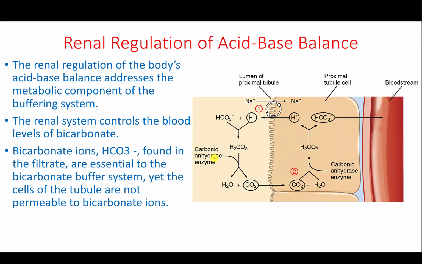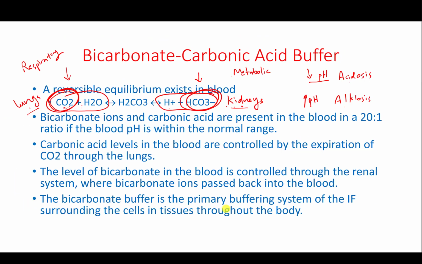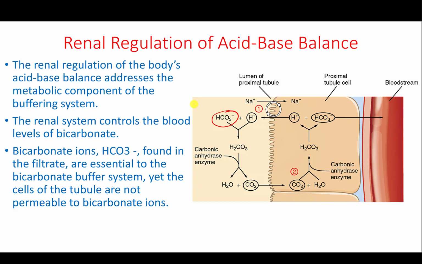Now for the metabolic, the kidney part is a little bit, I would say, more complicated than the lungs, because the kidneys cannot reabsorb the bicarbonate directly. We said the kidneys control the other end of the equation here, and specifically they control the bicarbonate. However, they have to convert it to carbonic acid and then to CO2, absorb the CO2, convert it back to bicarbonate, and take the bicarbonate to the blood.